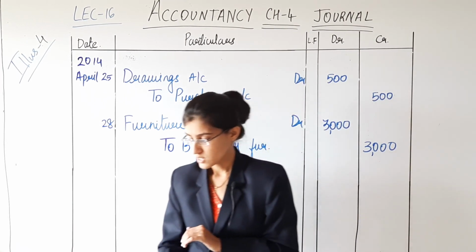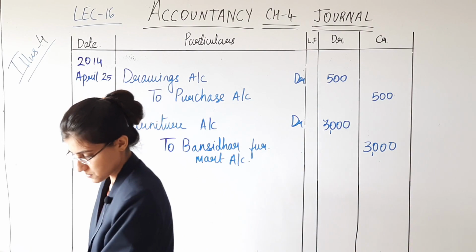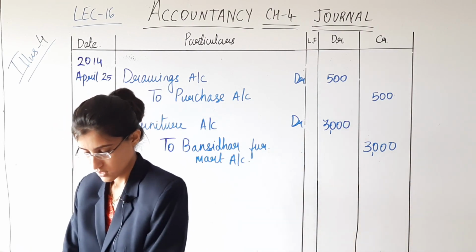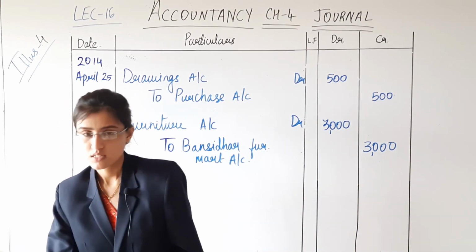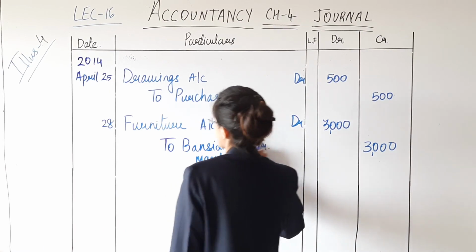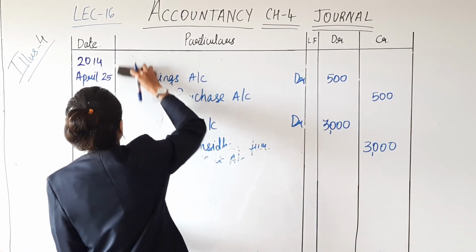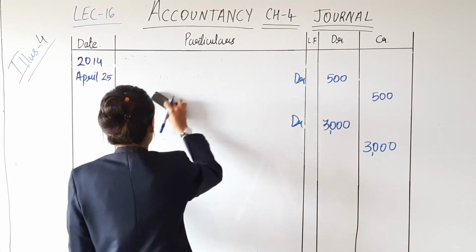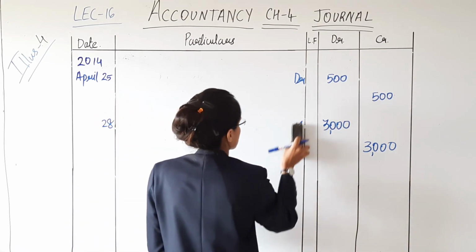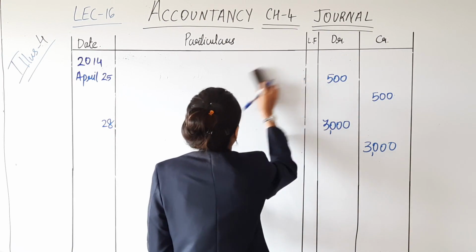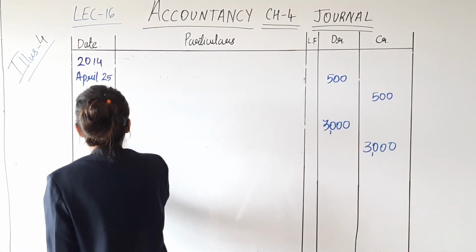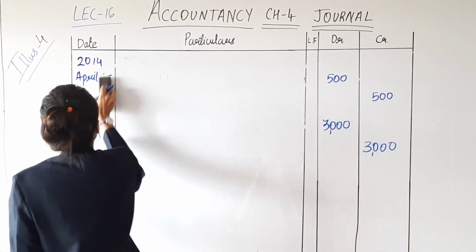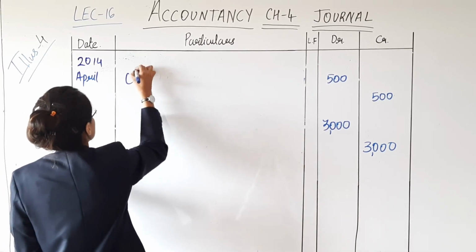Yes. So, let us check the journal entry for this. Okay. Chandni is the receiver. So, debit the receiver.